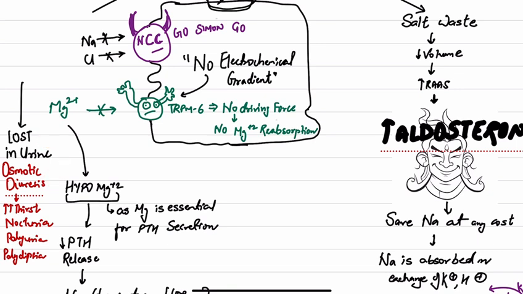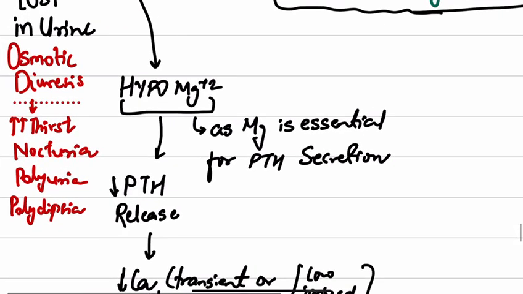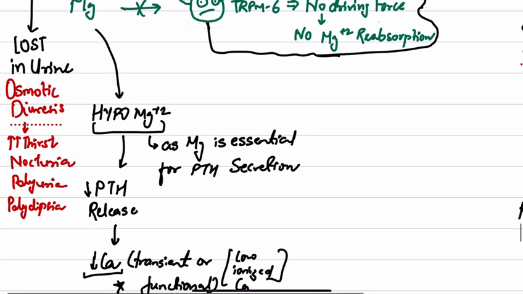The patient will have increased thirst because of losing water, nocturia, going to pee again and again, polyuria and polydipsia. Polydipsia means increased thirst.